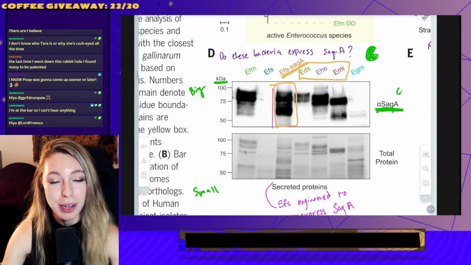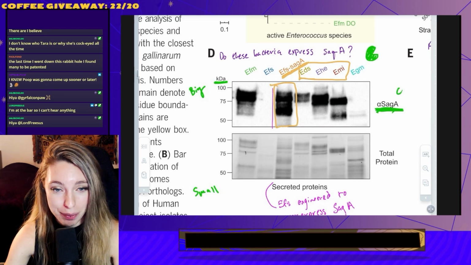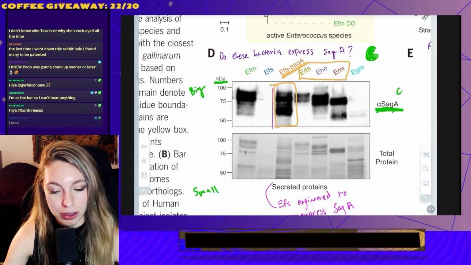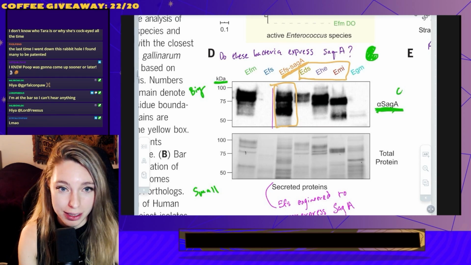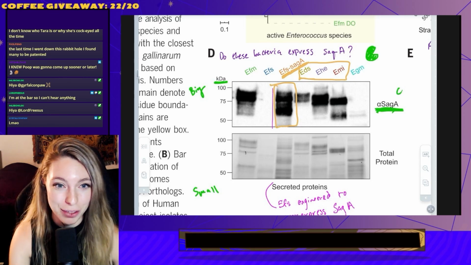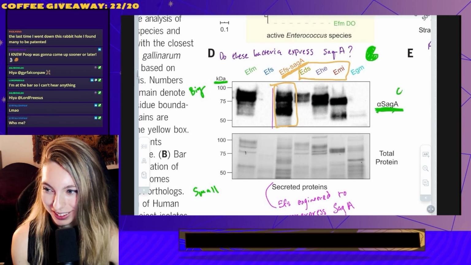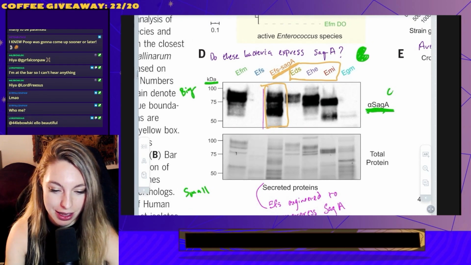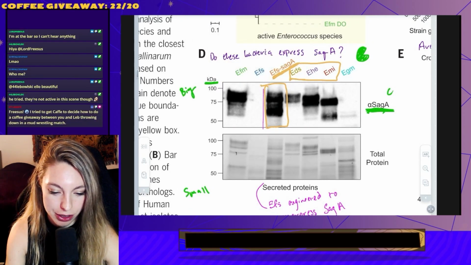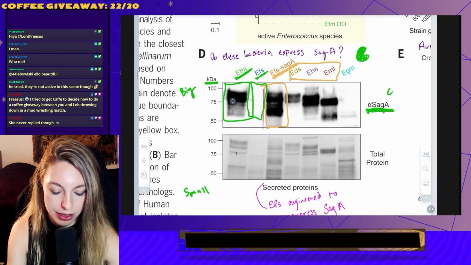Okay, so continuing on, if you guys are just joining, the paper we're discussing is pinned in chat. We're basically talking about how certain Enterococcus bacteria have an enzyme that makes a small peptide that then activates the immune response and makes T cells kill cancer better. In this Western blot, they're confirming that the bacteria that's really good at killing cancer does express this SagA protein, and the bacteria that does not do great at killing cancer does not express this protein.